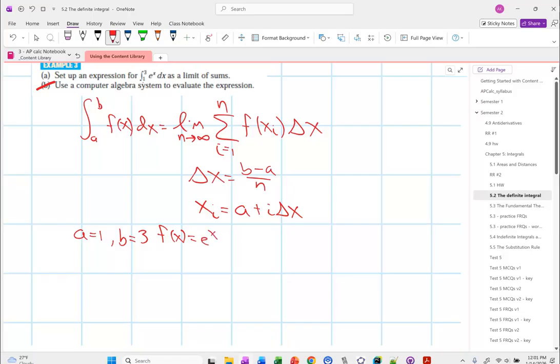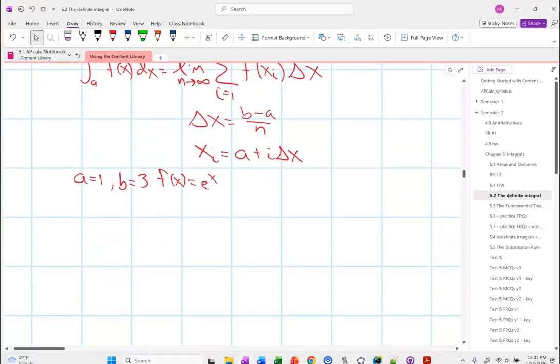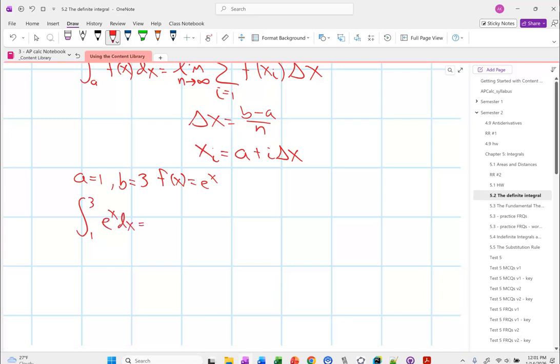So far, so good. So we have the integral from 1 to 3 of e to the x dx is equal to the limit as n goes to infinity of the sum i equals 1 to n. So our delta x is going to be 3 minus 1 over n. Our xi is going to be 1 plus i times 2 over n.